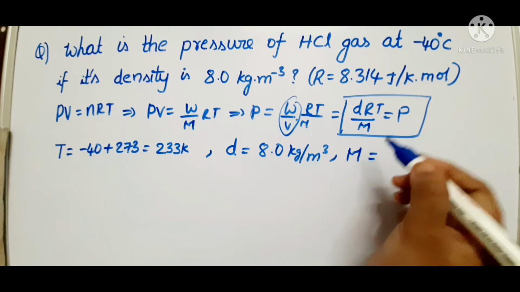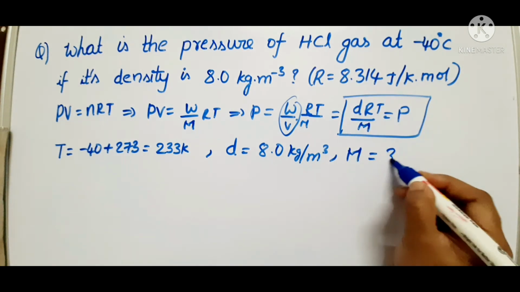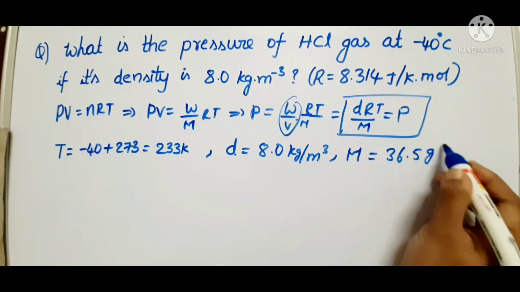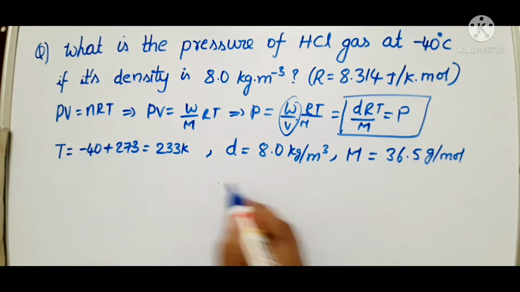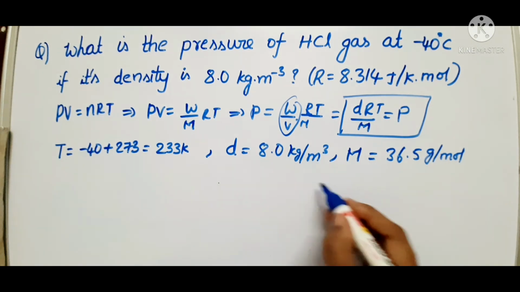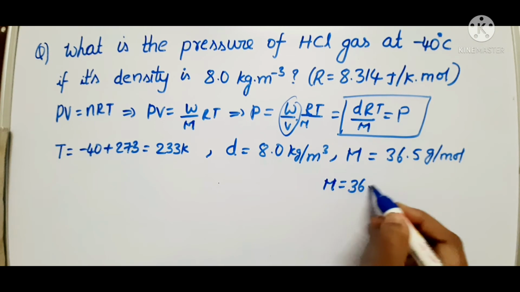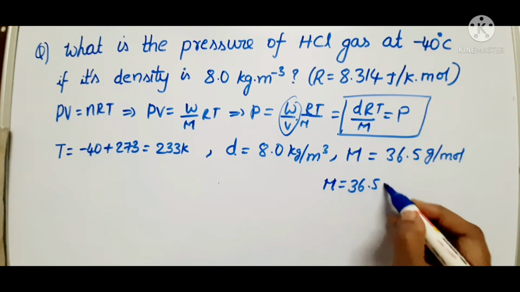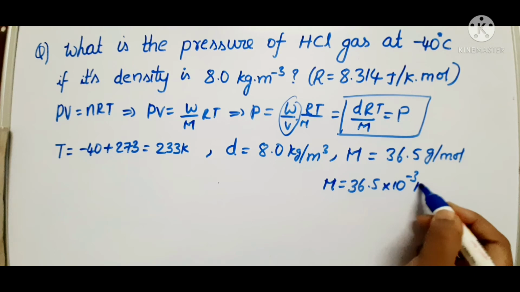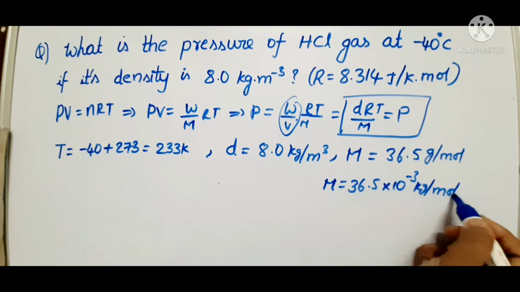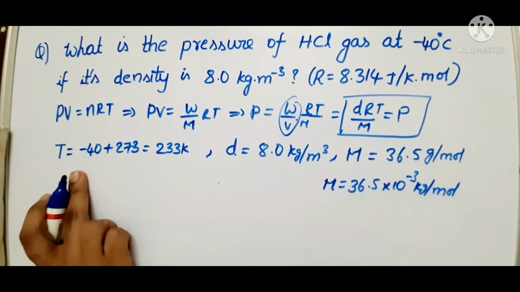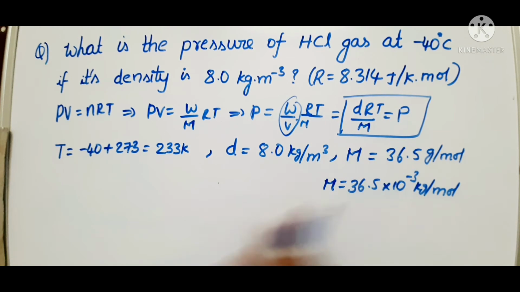Molecular mass of HCl is 36.5 gram per mole. But here the density is given in kg, so you have to convert this molecular mass into kilograms. That will become 36.5 into 10 power minus 3 kg per mole. So once you have these parameter values, you can substitute in this equation.